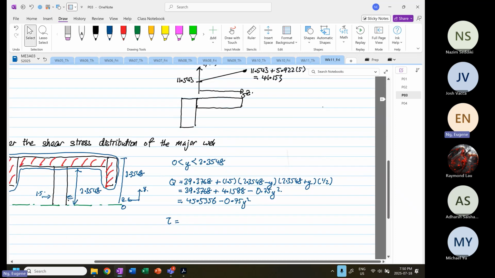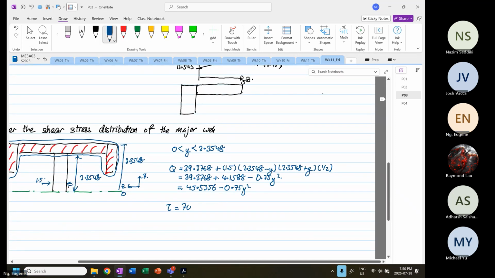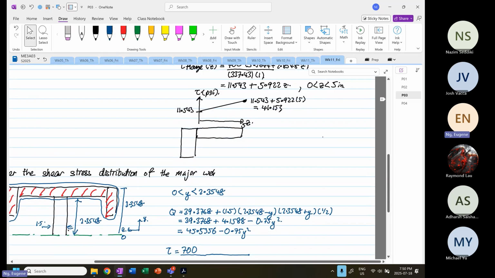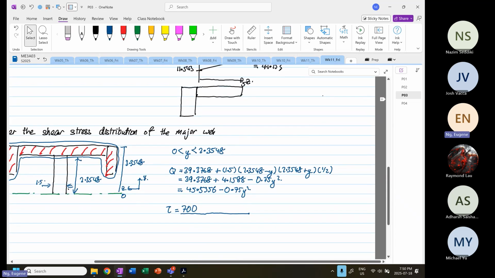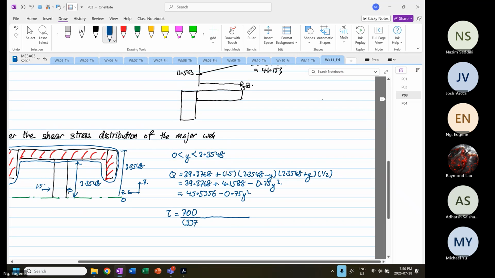I can't remember. It's 700 divided by the second moment of area, 337.43, thickness 1.5, times 45.5356 minus 0.75 y squared. Okay.